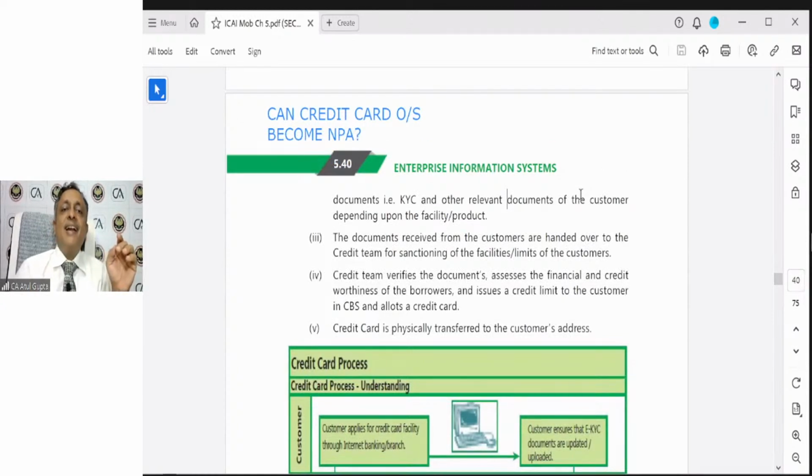First is, can credit card outstanding become NPA? That is Q1. So you have to say yes, no. And then I'll ask the next question.